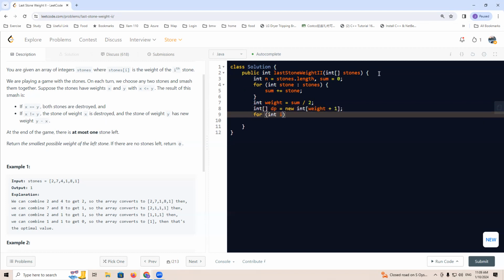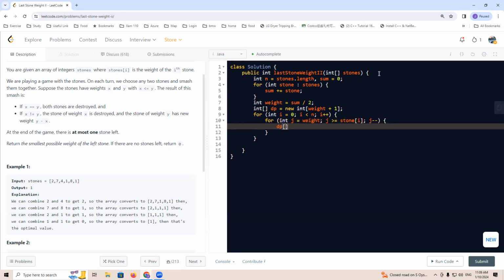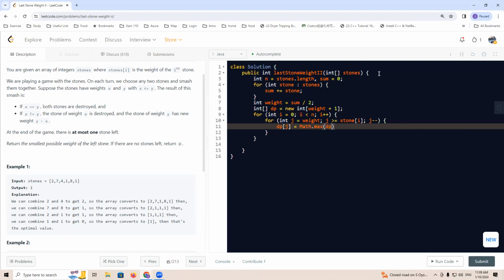So for int i equals 0, i smaller than n, i plus plus, and for int j equals weight, j greater than or equal to stone, j minus minus, we have dp j equals max of dp j and dp j minus stone i plus stone i.